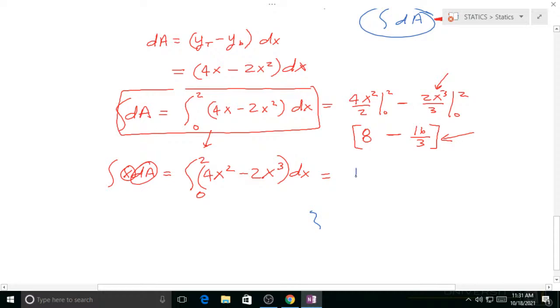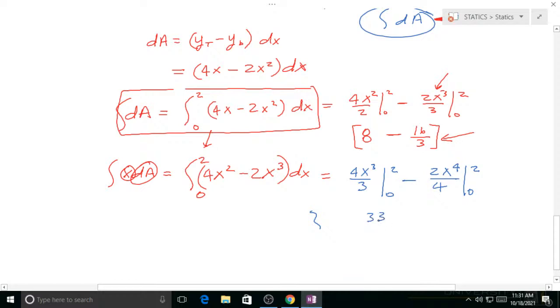So I integrate this thing. 4x to the third over 3, from 0 to 2, minus 2x to the fourth over 4, from 0 to 2. I'm going to stick in the 2. I can't get rid of the 3, so I'm stuck with the 3. 32 over 3.